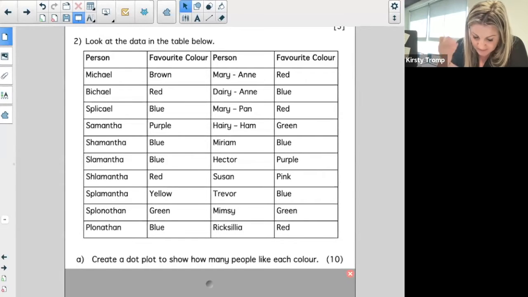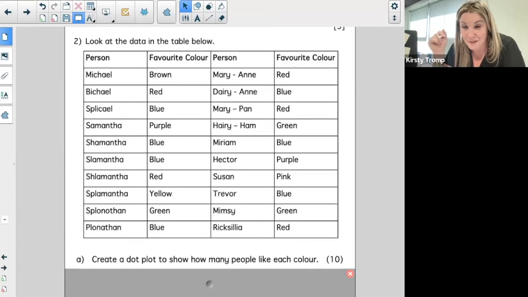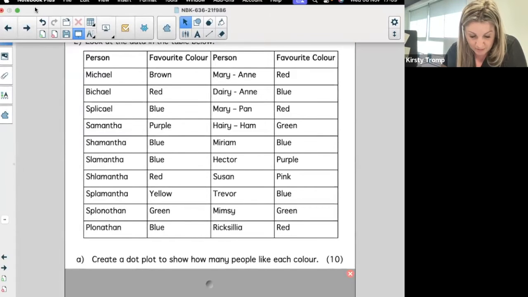Our question says, create a dot plot to show how many people like each color. If I'm creating any sort of plot, I'm going to bring two screens up for you at the same time.